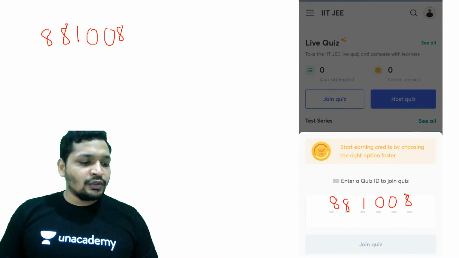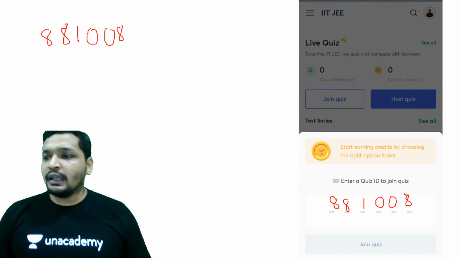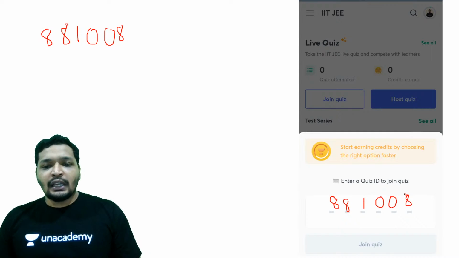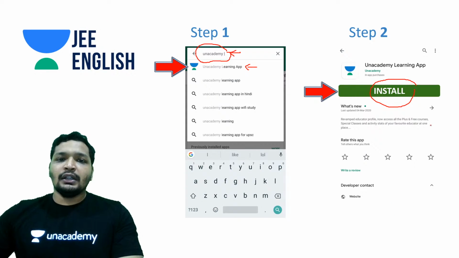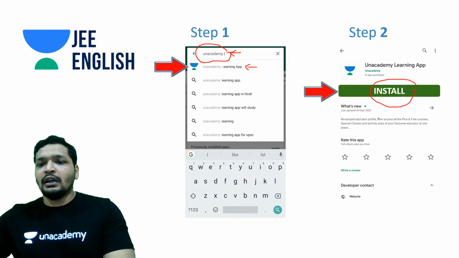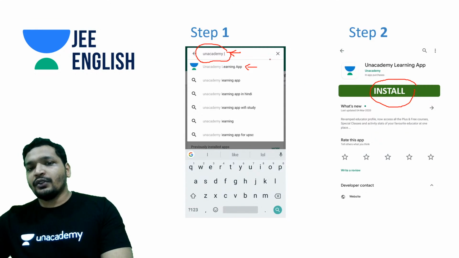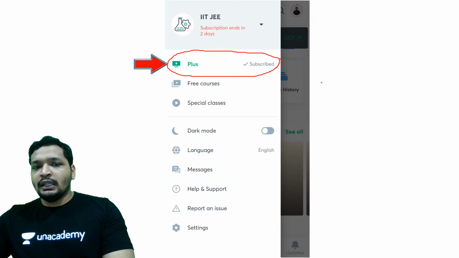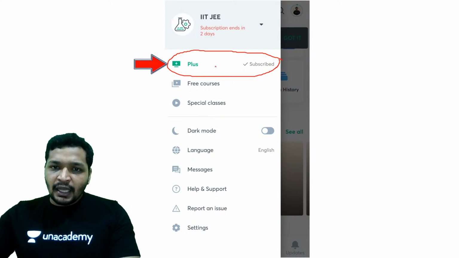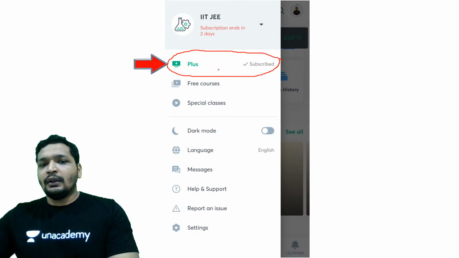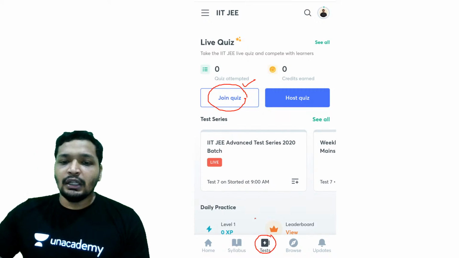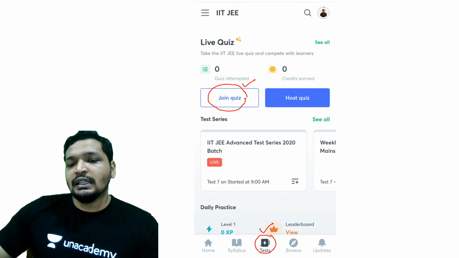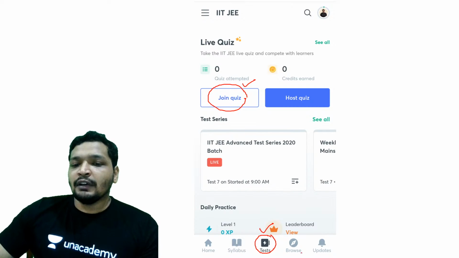Students, you can join this quiz. All you need to do is type in 881. If you're still not aware of the process, first of all, you need to download the Unacademy learning app from either Google Play Store or App Store, and then you'll choose plus, and among those 5 tabs you will choose tests.